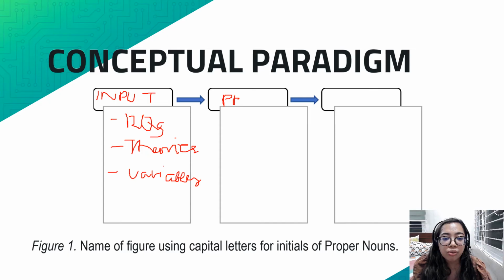So, dahil meron na kayong sangkap sa pagluluto, in the process, you will now indicate here ano yung procedure nyo sa pag-gather ng data. So, for example, lalagay nyo dito interview, o kaya focus group discussion, and then the last part is the output. So, pagkatapos nyo magluto, ano na ngayon yung maging finished product ninyo? So, ano yung magiging output or product after ninyong magluto?